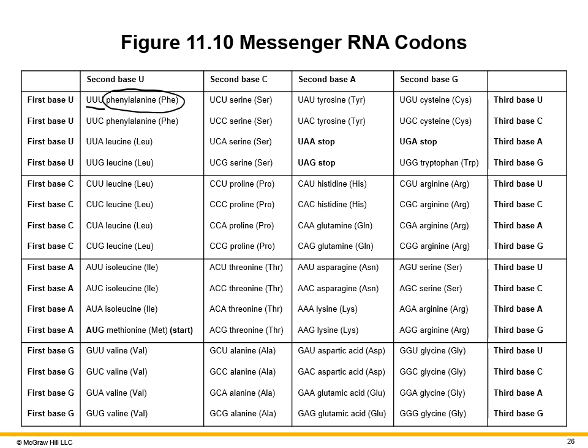Another example is UAC is going to code for the amino acid tyrosine. And in order to start the translation process, we need to have a start codon, which codes for the starting amino acid methionine. The stop codon is going to be UAA, UAG, or UGA.